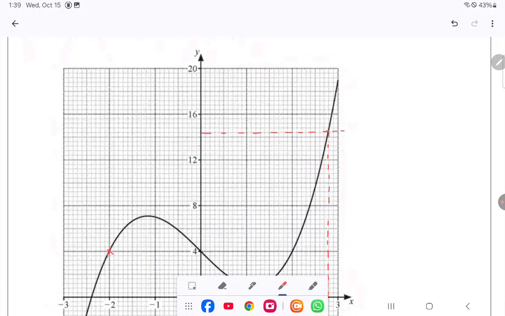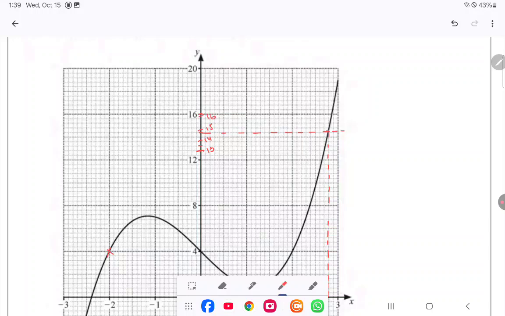This is our 13 and this is our 14, and 15 and 16 somewhere.